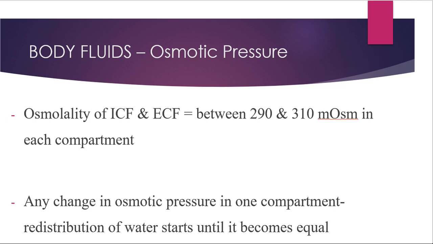For example, normal saline 0.9% has an osmolality of around 308. Any change in osmotic pressure in any compartment starts the redistribution of water, till the osmotic pressure gradient becomes equal on both sides.